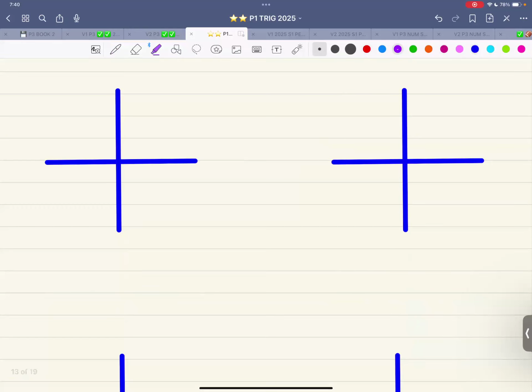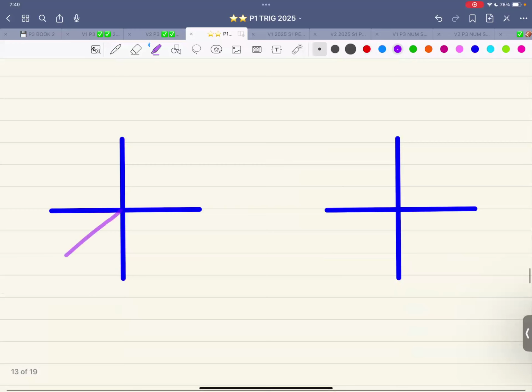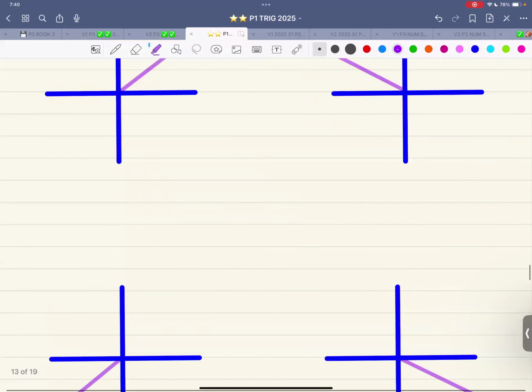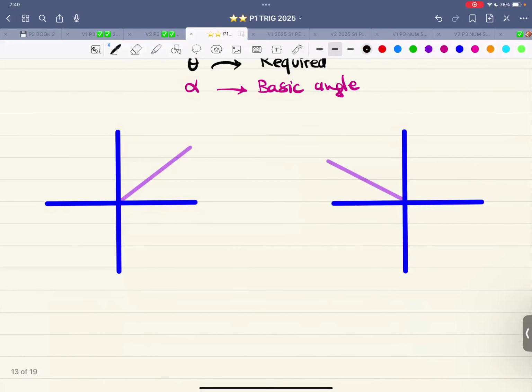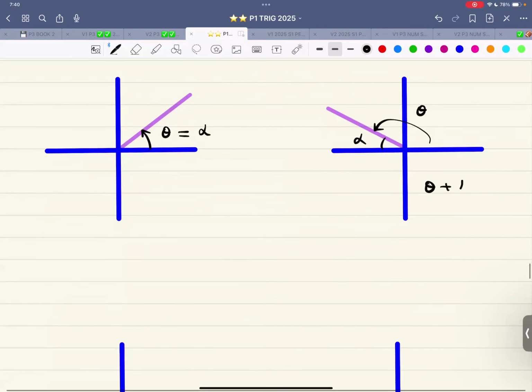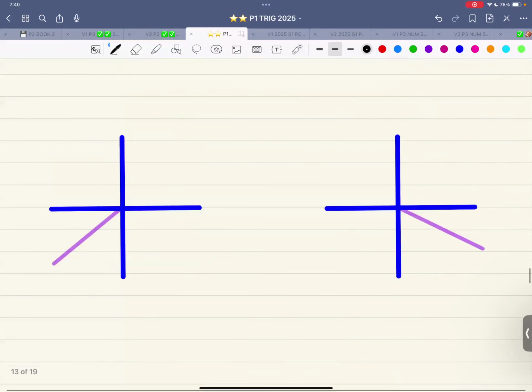First, second, third, fourth. In the first quadrant, theta is the same thing as alpha. In the second quadrant, theta plus alpha adds up to 180 degrees. Therefore, theta is 180 degrees minus alpha.